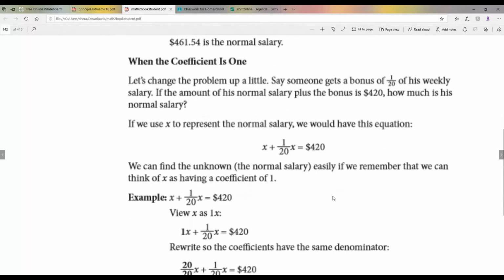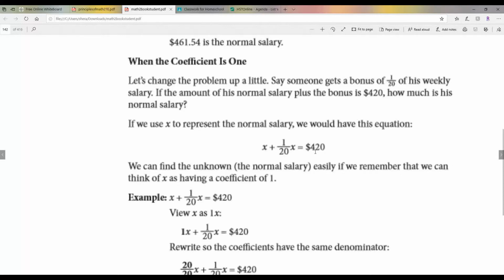Now, let's change the problem a little. Say someone gets a bonus of 1/20th of his weekly salary. If the amount of his normal salary plus the bonus is 420, how much is the normal salary? So we're going to use x to represent our unknown, which is our normal salary. So we'd have this. His normal salary plus the bonus, which was 1/20th of his salary, equals his total.